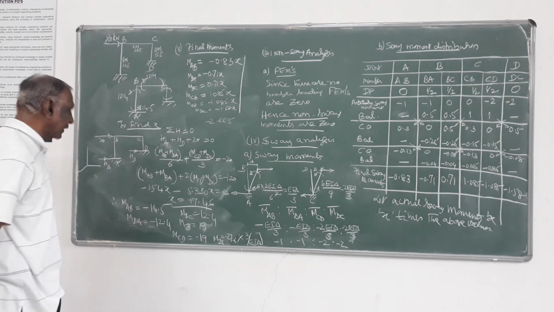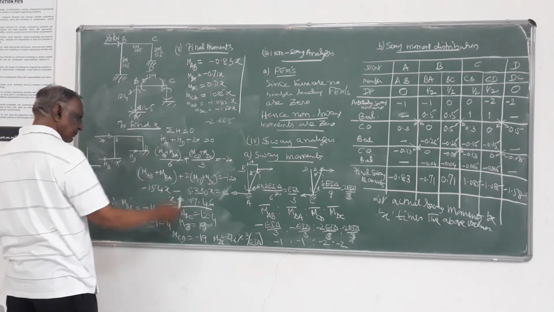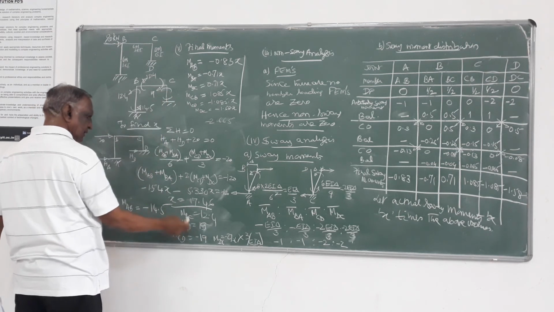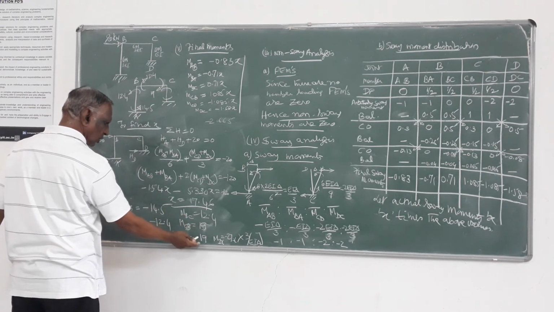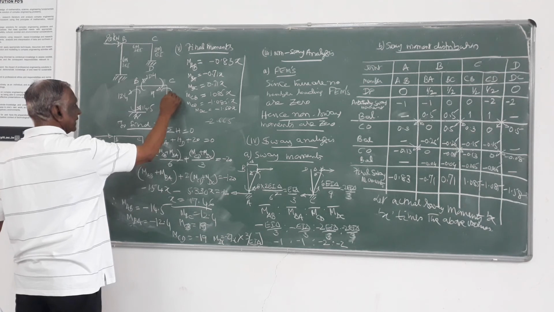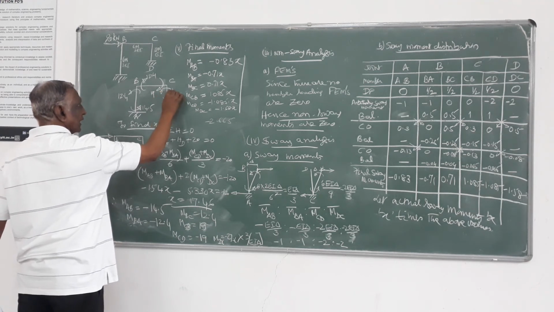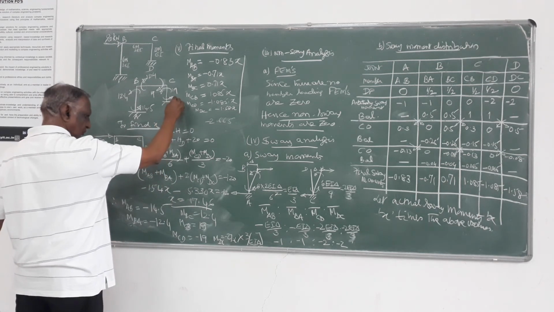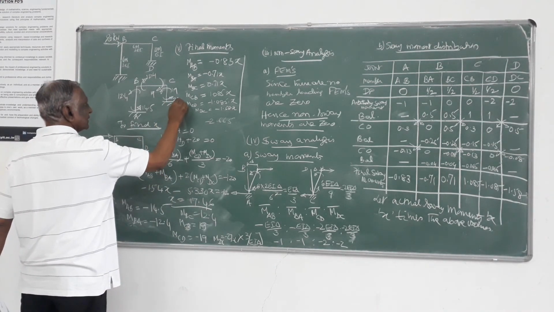You can substitute here. This is CB, it is 19 clockwise. CD minus 19 means anti-clockwise, and this is minus 27.6, anti-clockwise.